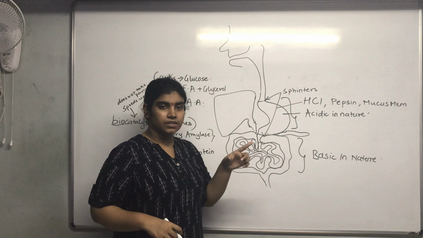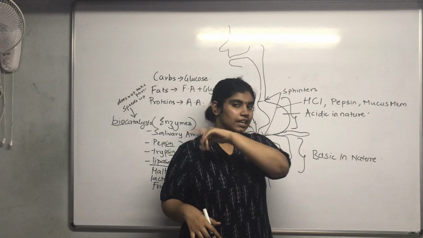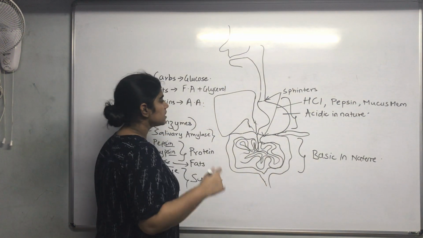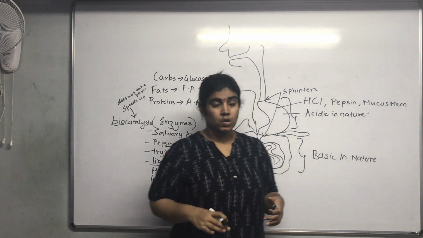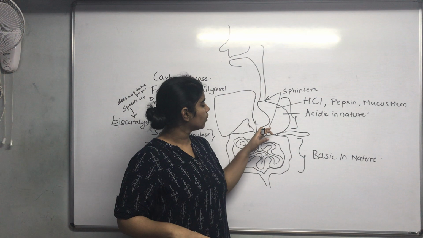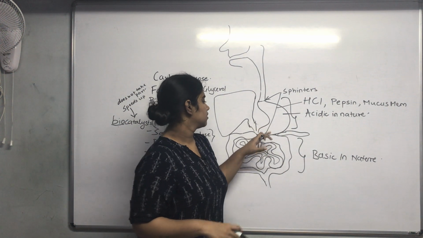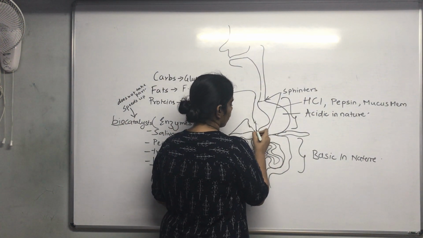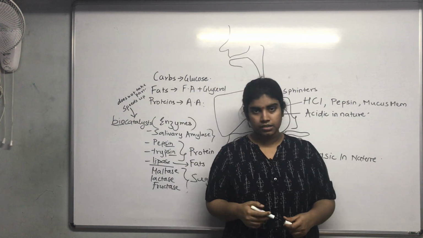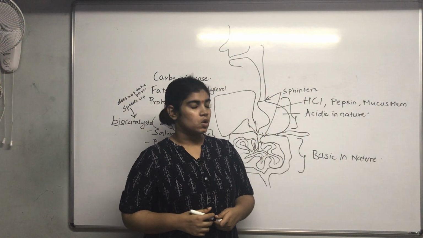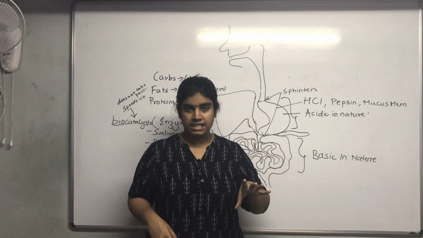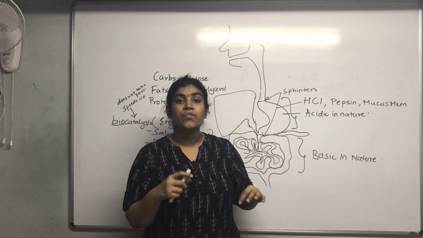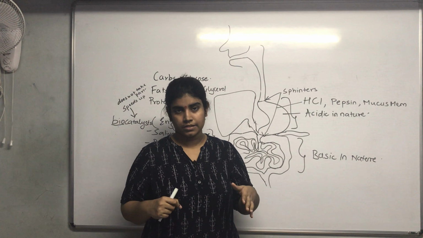Remember the difference. They act like an enzyme, but they are not an enzyme. So whenever these bile salts come in contact with the muscle of the stomach, they digest some amount of fats with the help of the emulsification process.